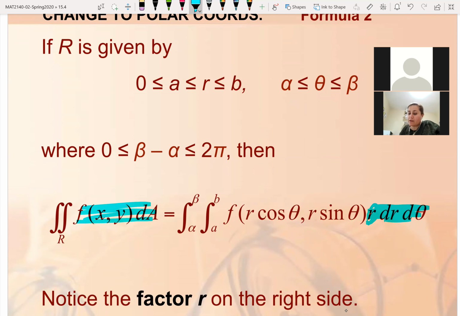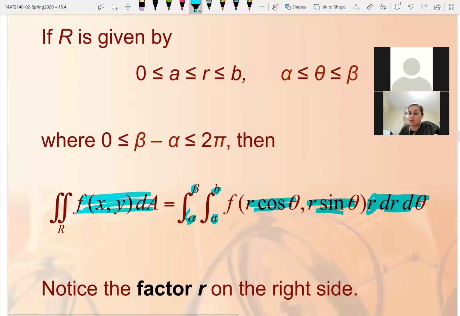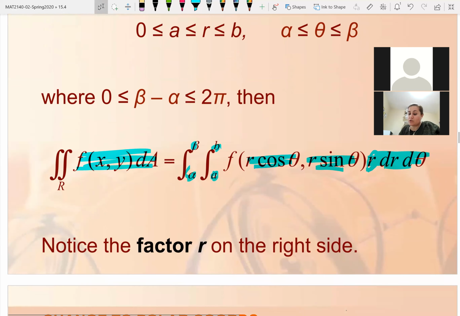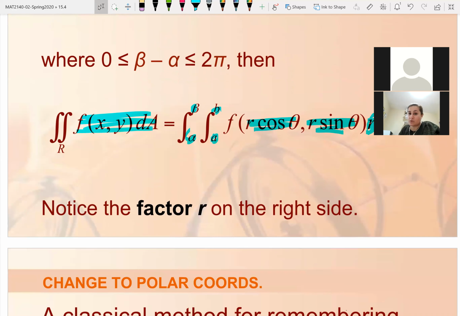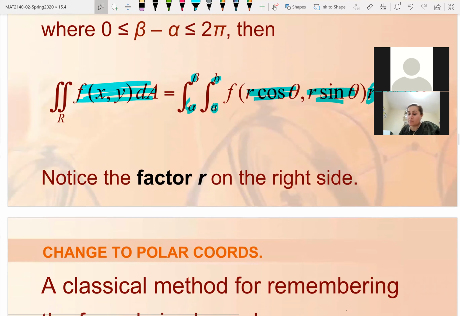And then everything must be in terms of polar. So x has to be in terms of polar, y has to be in terms of polar, limits have to be in terms of polar. And again, that makes the integration a lot easier. Otherwise, as you practiced in other sections, you have to do the trig substitution. So that's just to get rid of those trig substitutions and make the job easier.